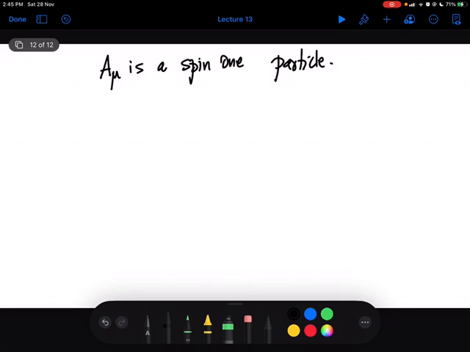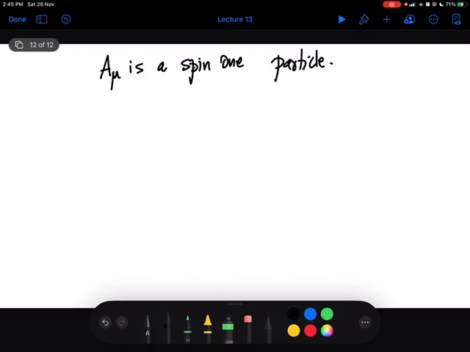I mentioned that A mu is a spin one, it represents a spin one. Now the question is, what are its wave functions?